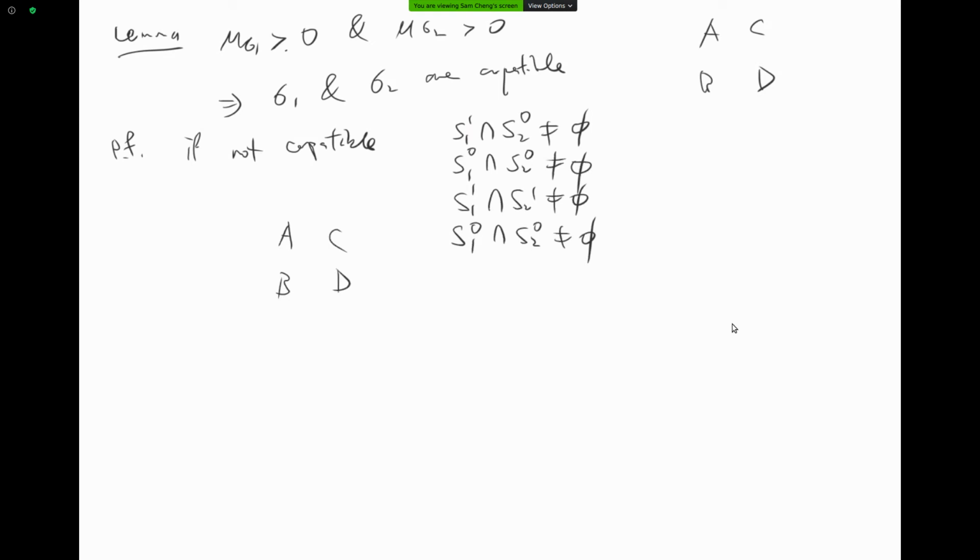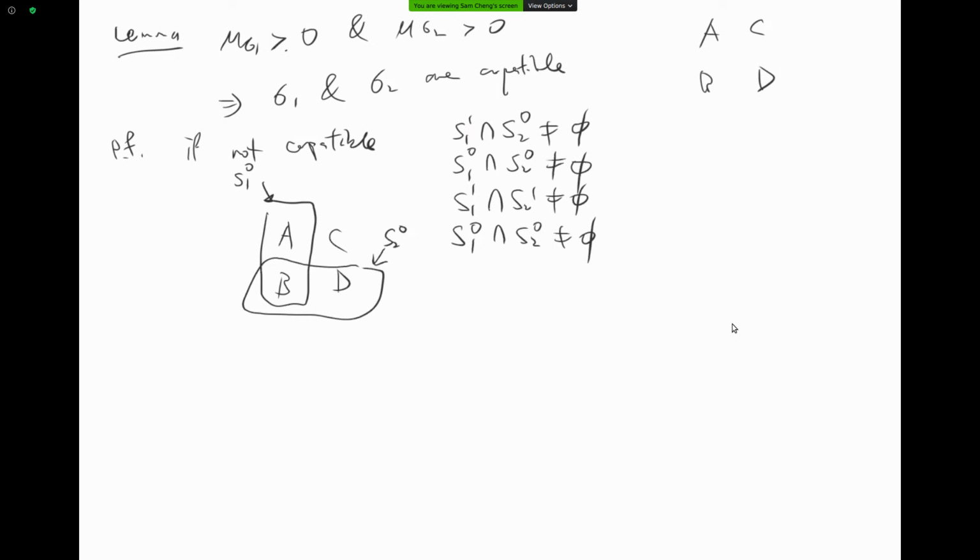I should have some elements such that I can have S11, and let's call this S10. Actually, I'll simply sketch it. Let me write it down here first. Then I can have a situation like this.